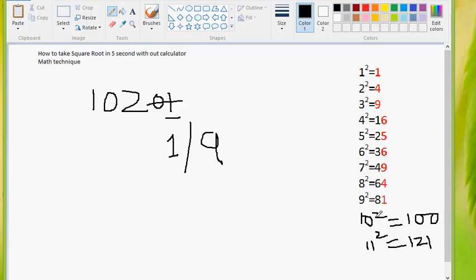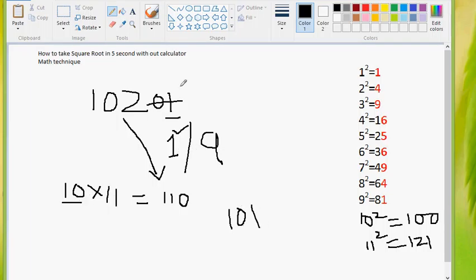I have to pick 10 here. I multiply it by the next number, 11, it's 110. Now 102 is less than 110, so if it is less, I choose the smaller number, between 1 and 9. So it means 101 is the square root of 10201.